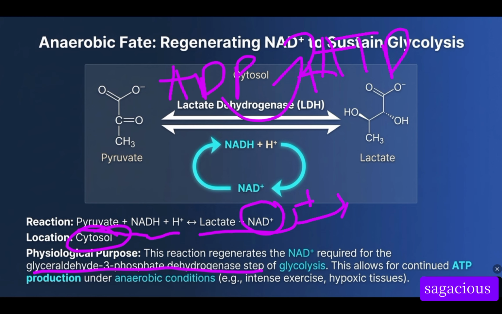This lactate is converted back to pyruvate, and this pyruvate will release what? NADH, that will go into the electron transport chain to produce energy, and pyruvate is converted to acetyl-CoA that will go into the Krebs cycle, producing NADH and FADH that will go into the mitochondria to produce energy.